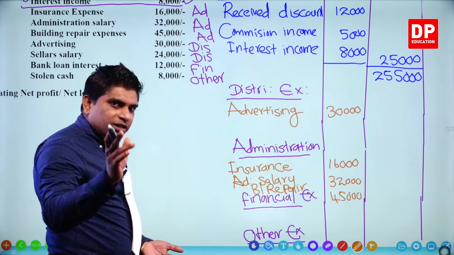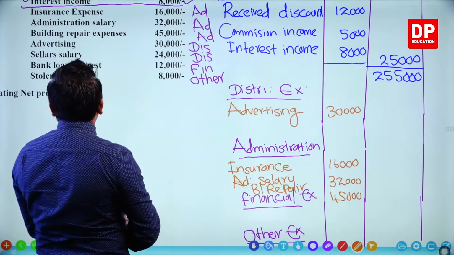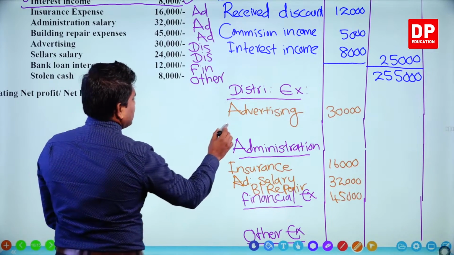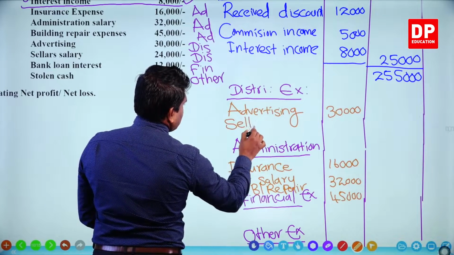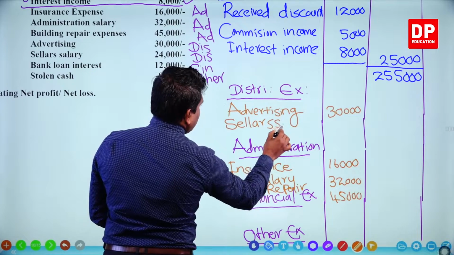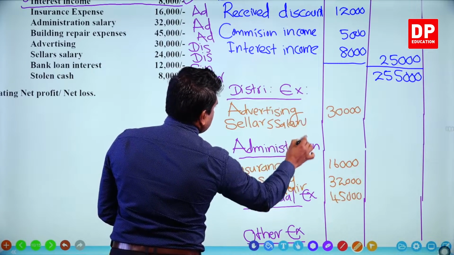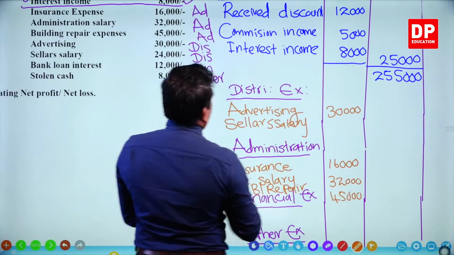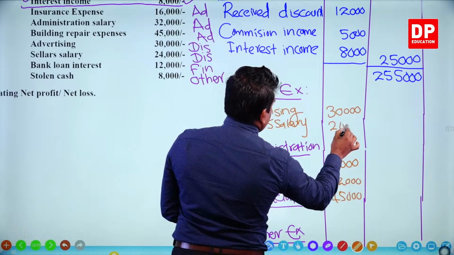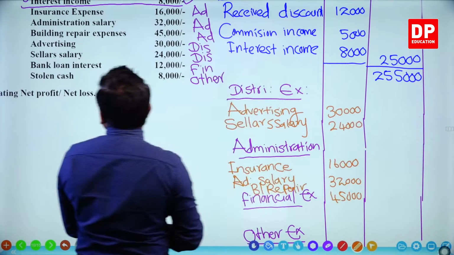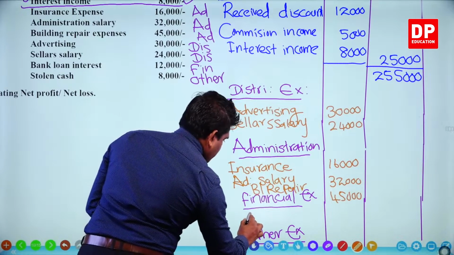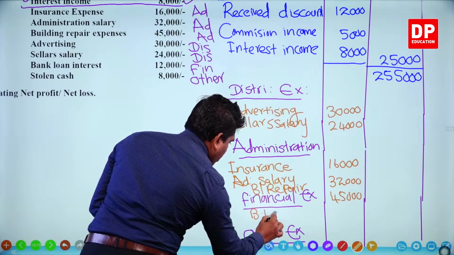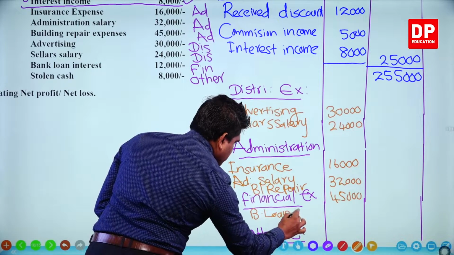You have to do it with me, right? Now, seller's salary. How much? 24,000. It comes under the distributing, right? Next one, bank loan interest 12,000, financial.